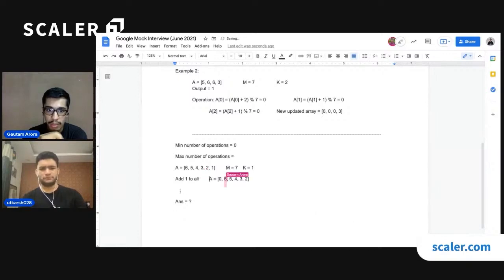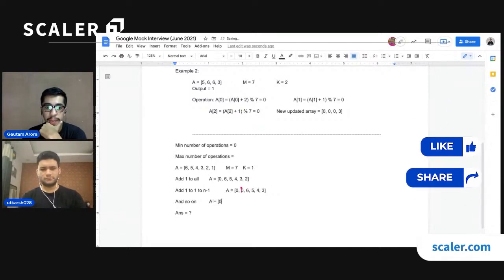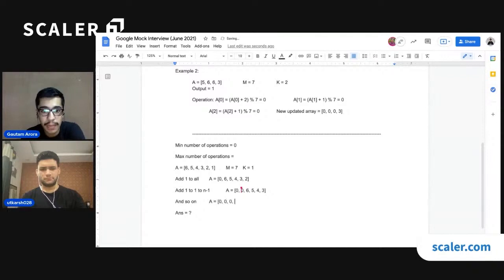And now what I can do is add 1 to elements from index 1 to n minus 1. So the 6 becomes 0, this 5 becomes 6, this 4 becomes 5, and similarly the rest. Now I'll add 1 starting from index 2 to n minus 1. So the number of operations I'm getting: in the first operation, I get one 0, in the second, I'll get 2 zeros, and in n operations, I'll get n zeros.